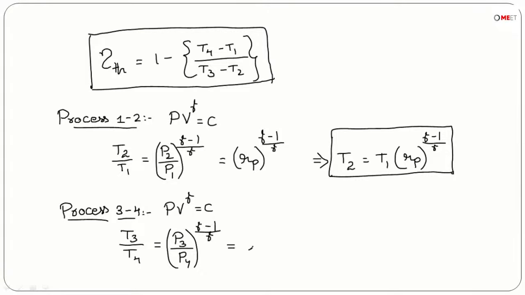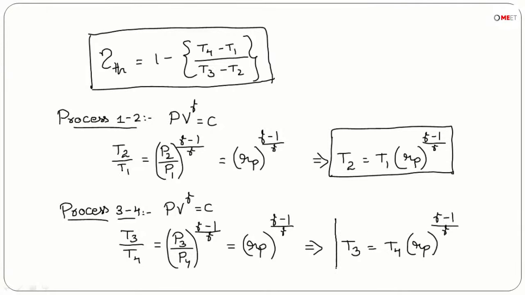So P3 by P4 is nothing but Rp, so Rp to the power (gamma minus 1) by gamma. Now from this we can write T3 is equal to T4 into Rp to the power (gamma minus 1) by gamma. So this is the value of T3 here.